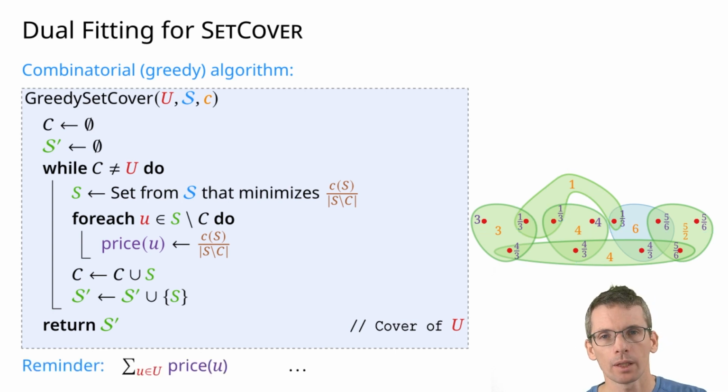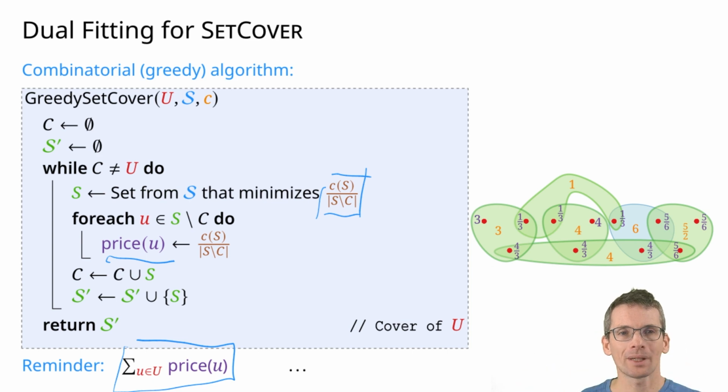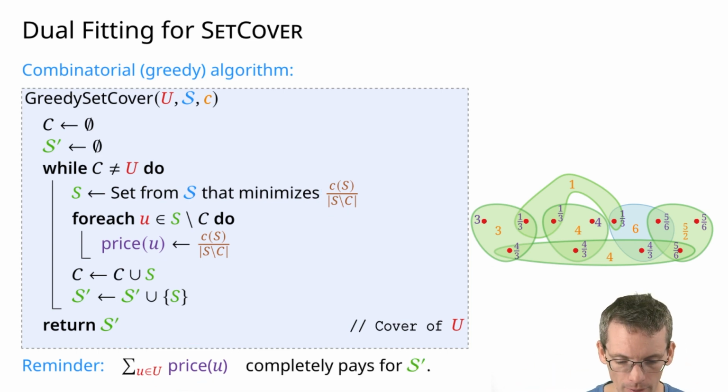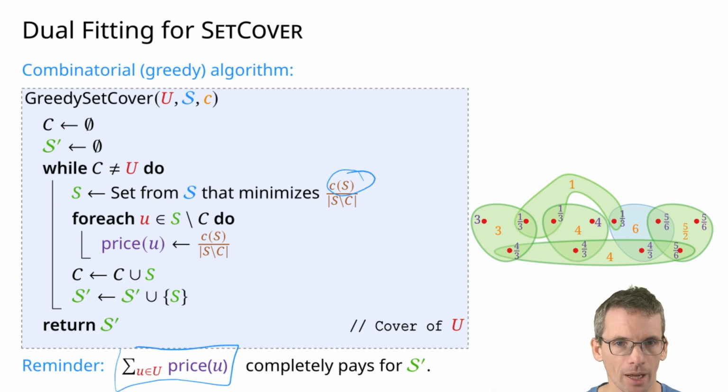Now, if we consider the sum of the prices of the elements, then it's easy to see that this completely pays for the sets. Meaning that the sum of the costs of the sets that I've selected is smaller or equal to the sum of the prices.